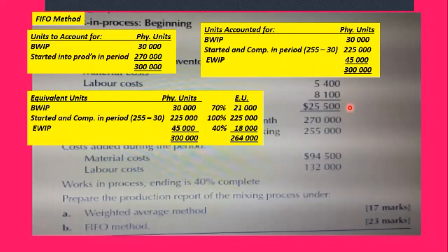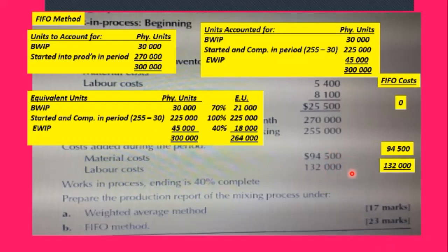So the FIFO cost: we take the 94,500 because that's from our period, and the 132,000 from our period. We add them together, and we'll get the total FIFO cost.